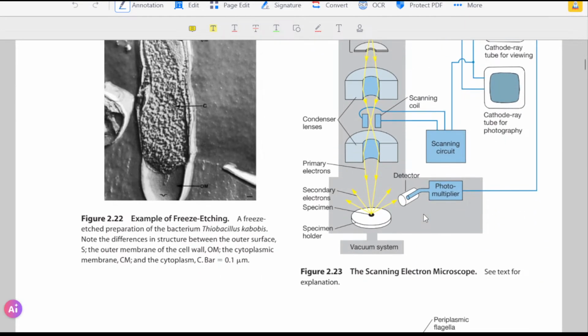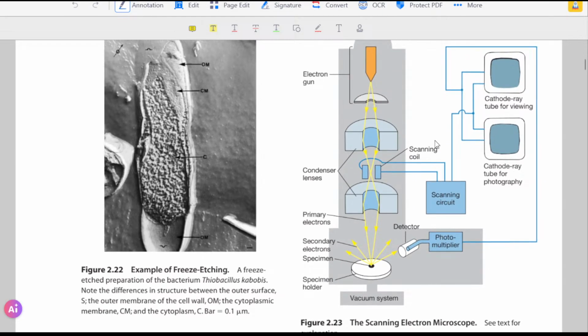The scanning electron microscope structure. Now they are showing me the diagrams. So this is the vacuum system, secondary electron gun. Electrons are passed through here, then the magnets and condenser lenses make the electron beams go wherever we want.